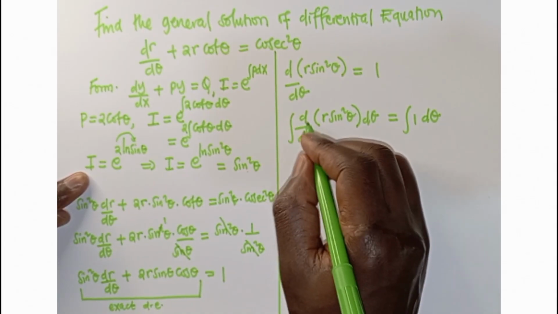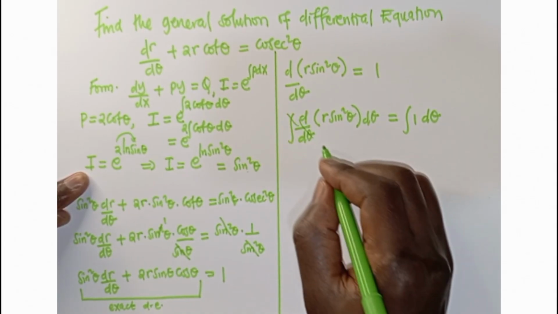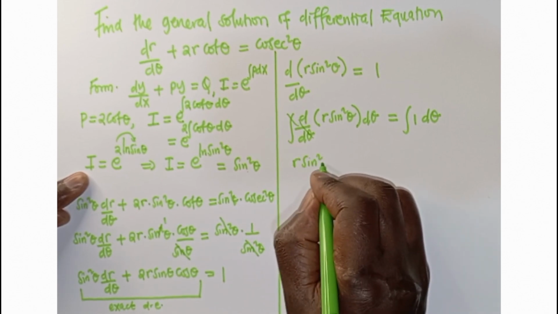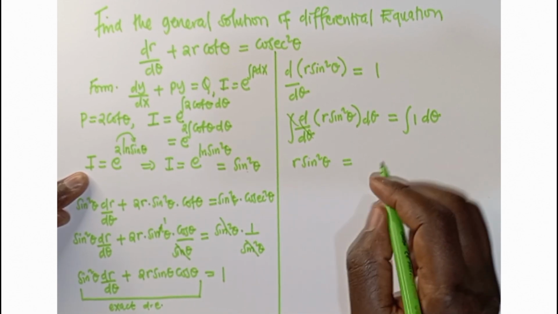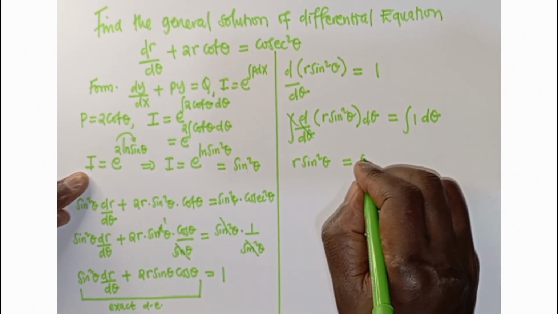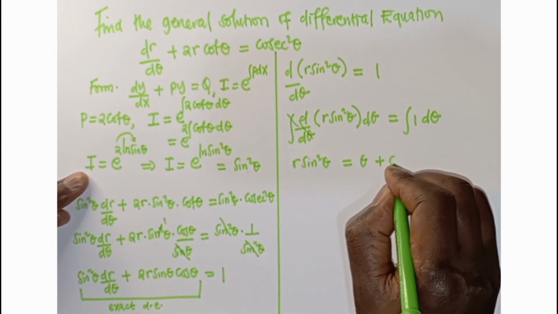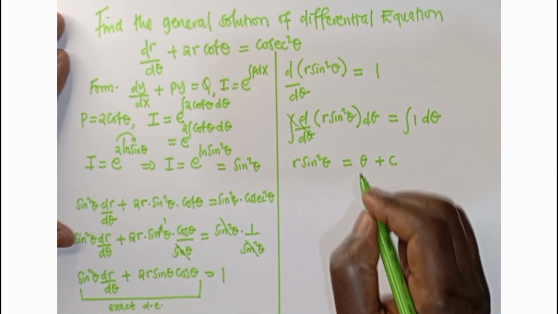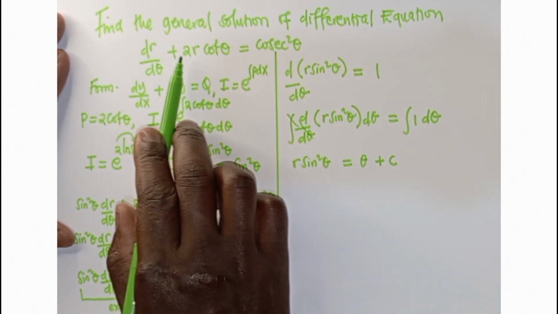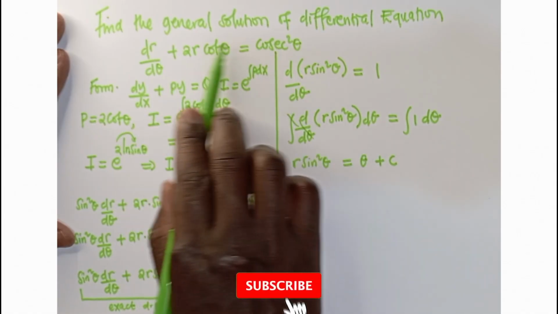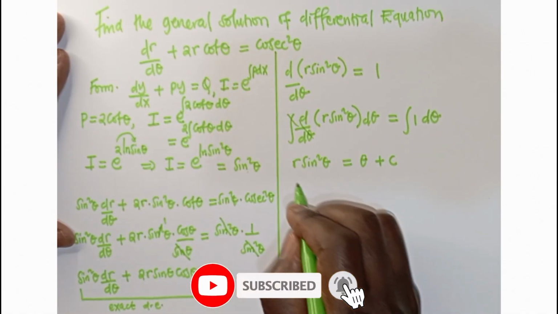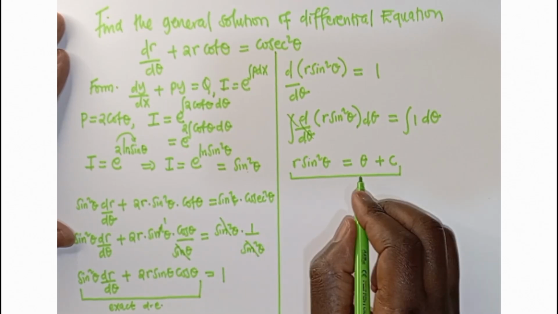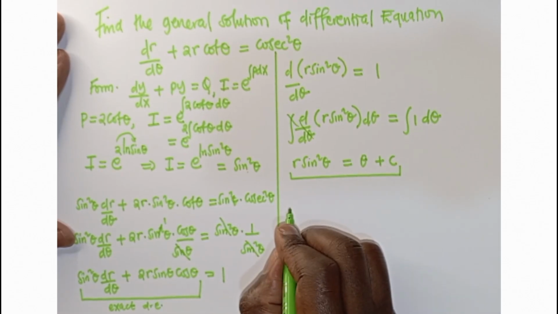When you integrate, this goes with that, so we remain with r sin squared θ equal to θ plus c. As simple as this. So you have defeated the number. Therefore, the general solution of this differential equation is this.